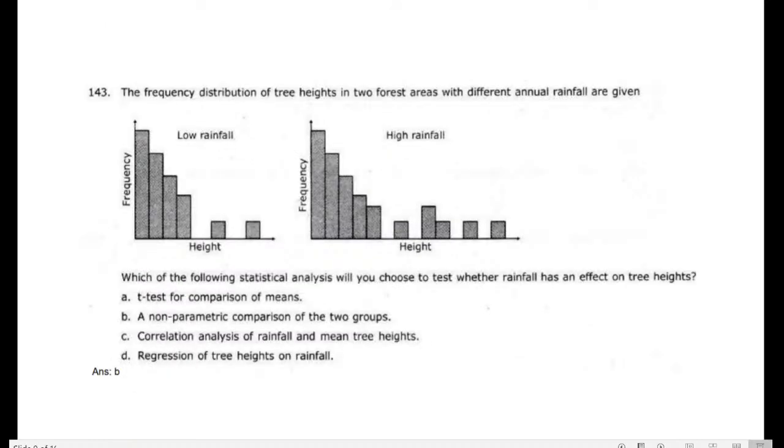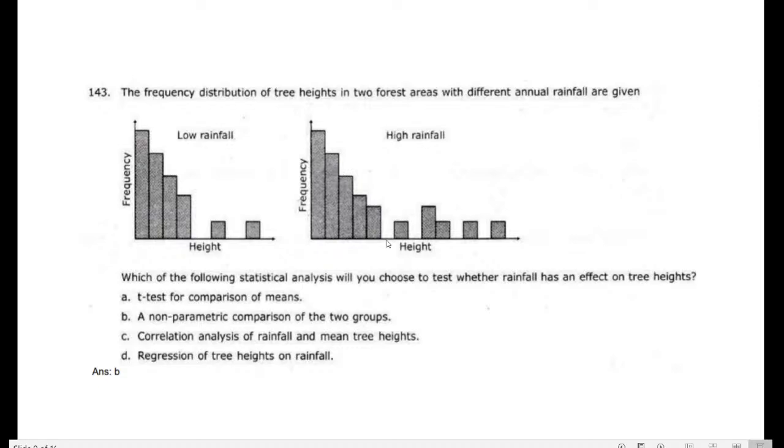Next is a basic analytical, logical question. Frequency distribution of tree height in two forests. These are a low rainfall forest and a high rainfall forest area, with different annual rainfall. Two different plant stands are there. In the situation of low rainfall and high rainfall, the tree height varies.